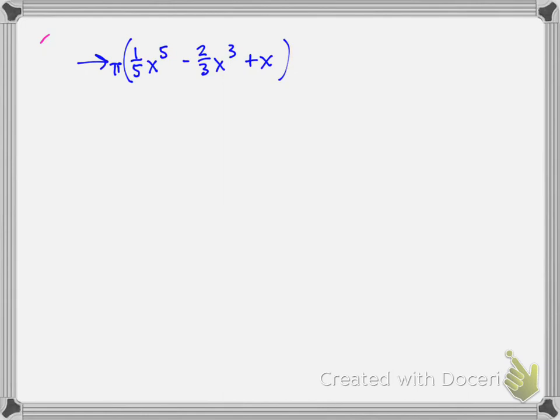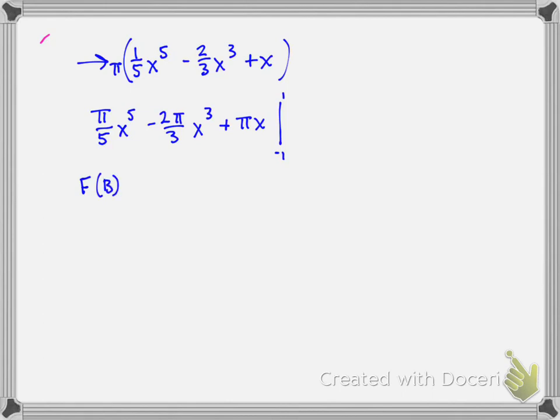So to make this look better, I'm going to do pi over 5 x to the 5th minus 2 pi over 3 x to the 3rd plus pi x. Okay, and what am I integrating over? I'm integrating from negative 1 to 1. Okay, so now I just have to plug stuff in.